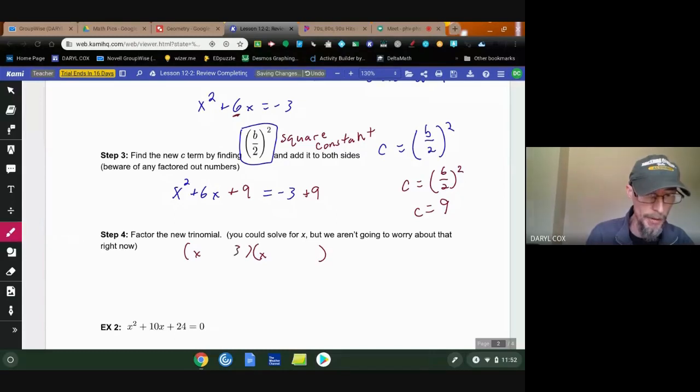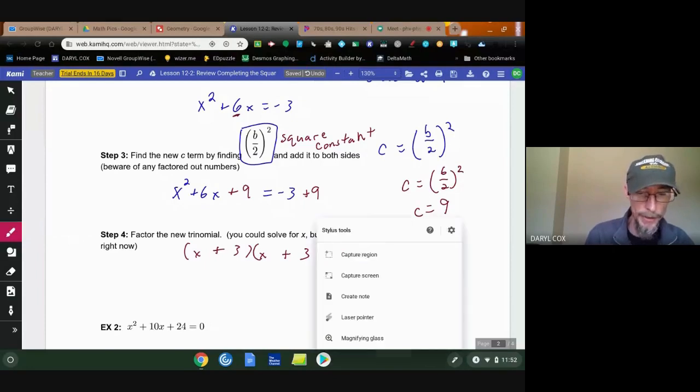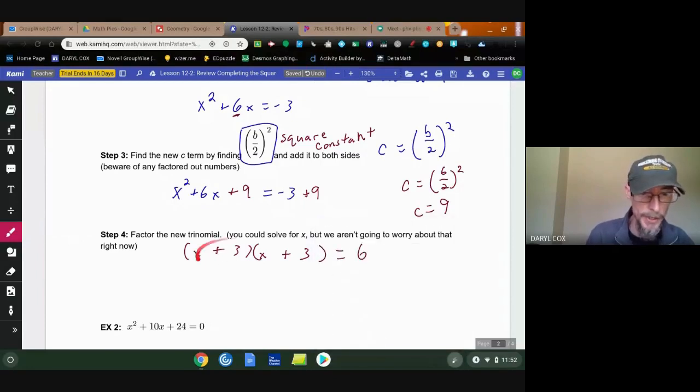Well, 3 times 3 is 9, and positive 3 plus positive 3 is 6 in the middle. And this other side, negative 3 plus 9 is 6. But look at what you've got here. You've got something times itself. Well, something times itself is squared. So I can rewrite this as x plus 3 squared equals 6.